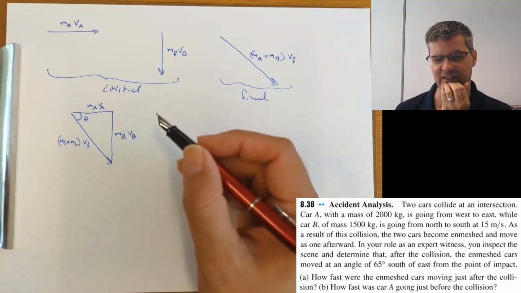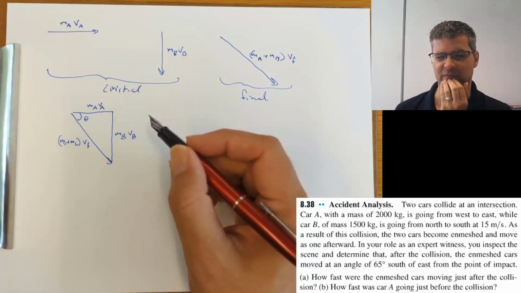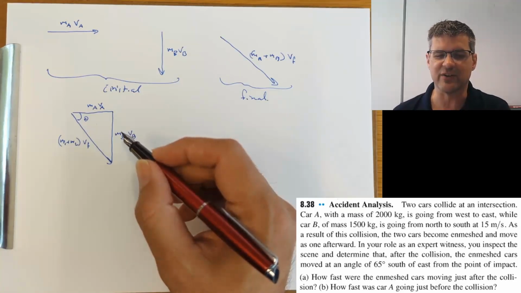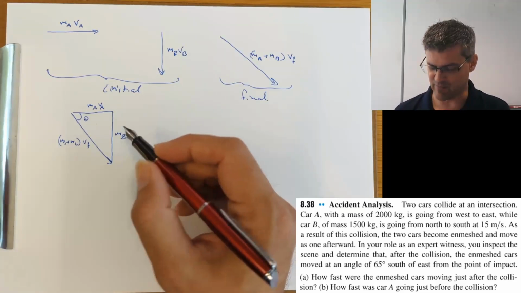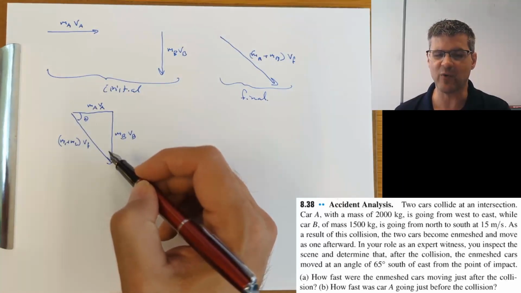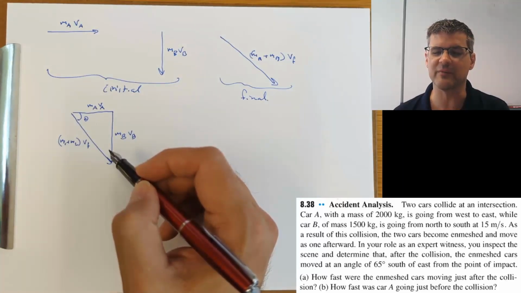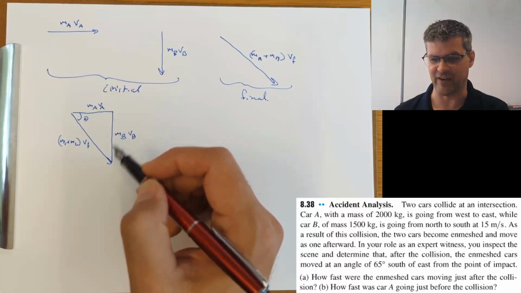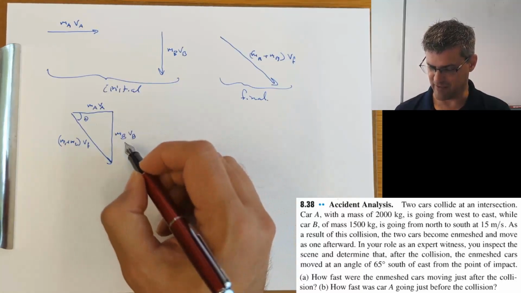So one thing we were asked to find, how fast were the enmeshed cars moving just after the collision, if we are told that it's moving at some particular angle. Now what I am told in the problem is not the speed of A, I'm told the speed of B, right? It's moving north to south at 15 meters per second.